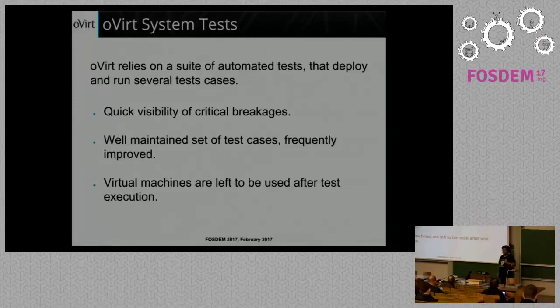And it's very well maintained. We have a lot of people writing tests for it and keeping an eye on it to see if it's really working and make sure that everything is fine.